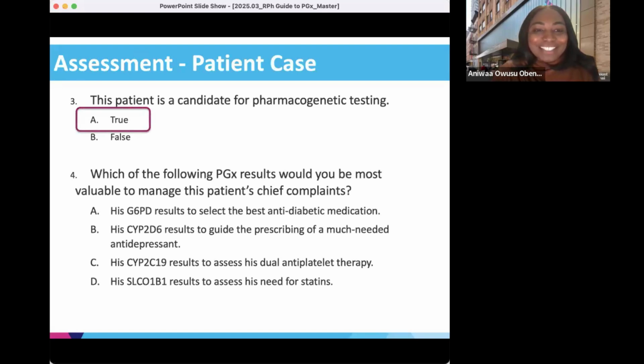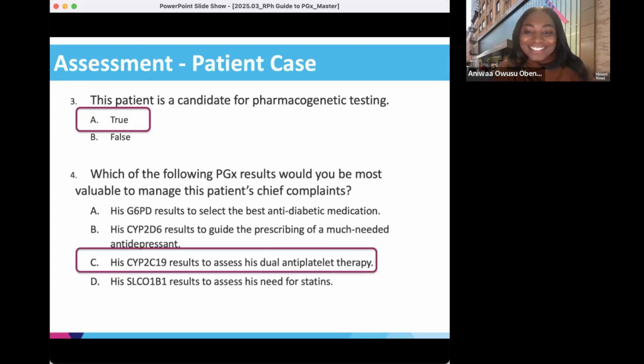Which of the following PGX results would be the most valuable to manage the patient's chief complaints? Is it his G6PD results? Is it 2D6? Is it 2C19? Is it SLCO1B1? It's 2C19.